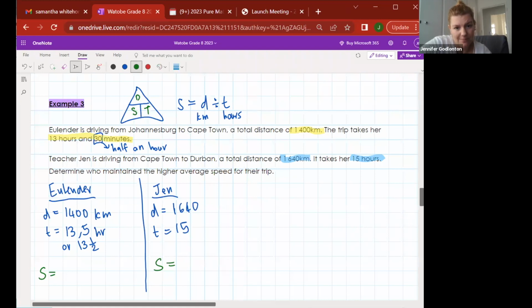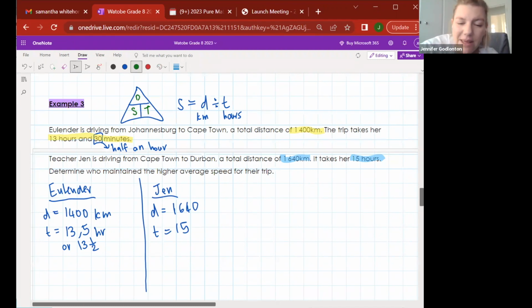And then you can compare them and see who had the higher average speed. Just make sure you work through each one nice and carefully.